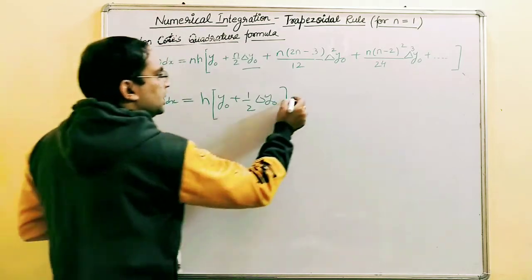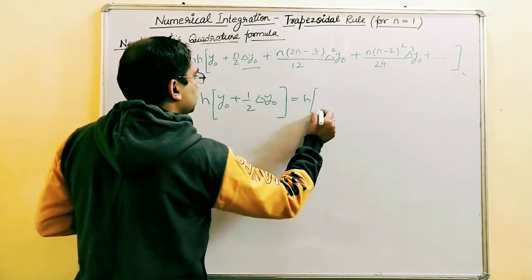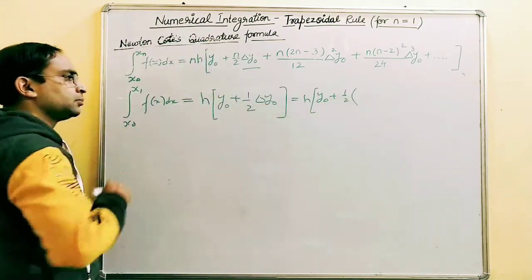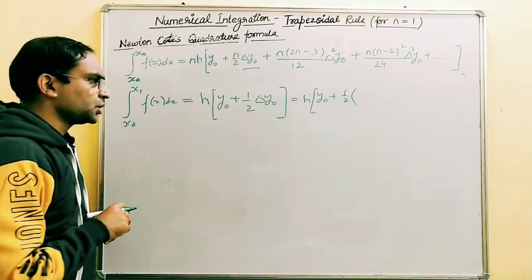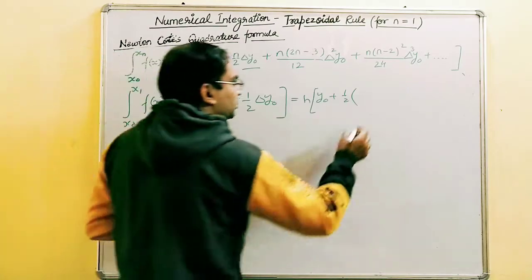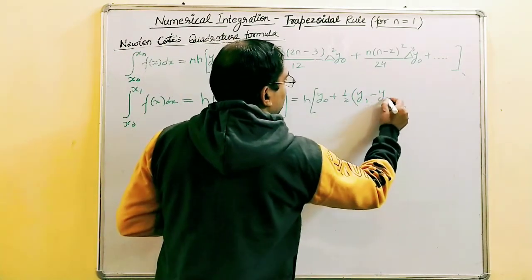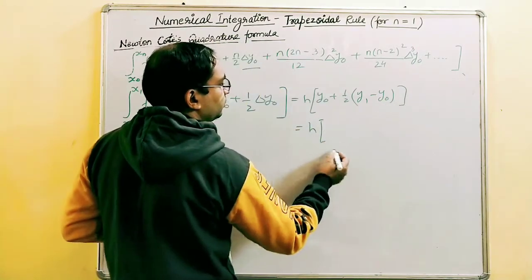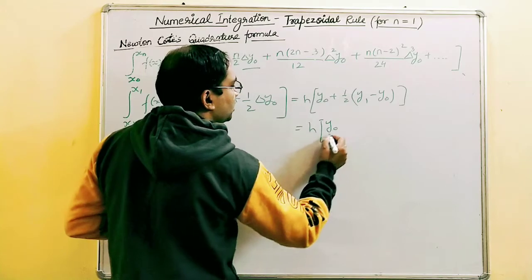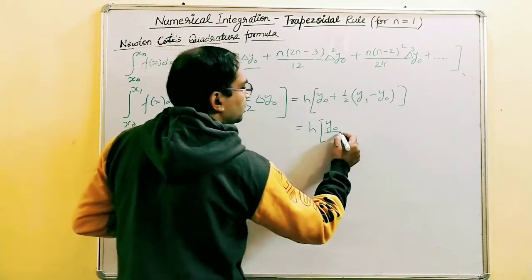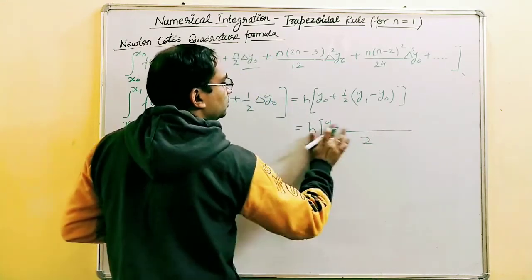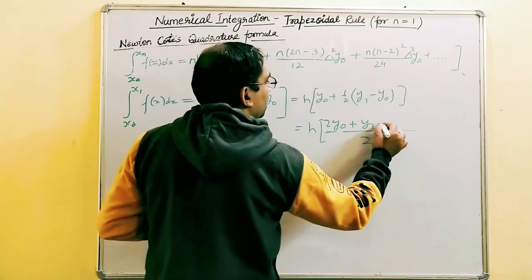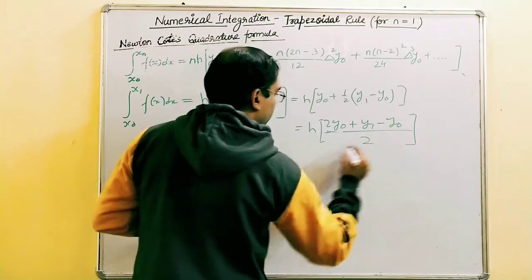Now we can solve this a little bit. This is h times y0 plus 1 upon 2 del y0, and as we know the formula for del y0 is y1 minus y0. So now this is h upon 2 times 2y0 plus y1 minus y0.